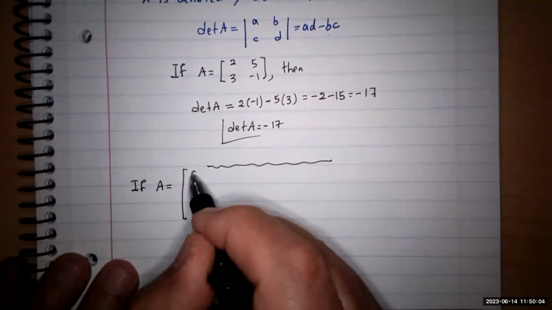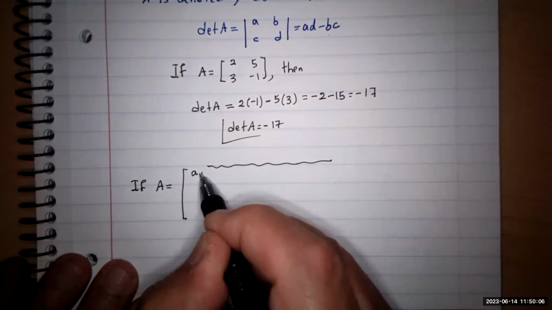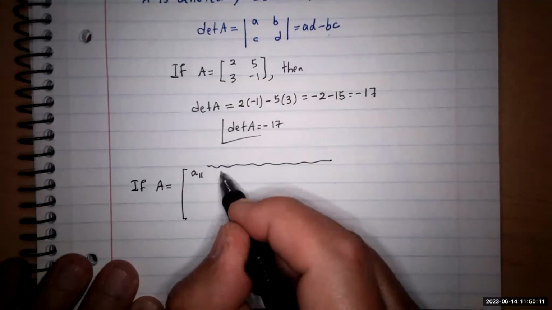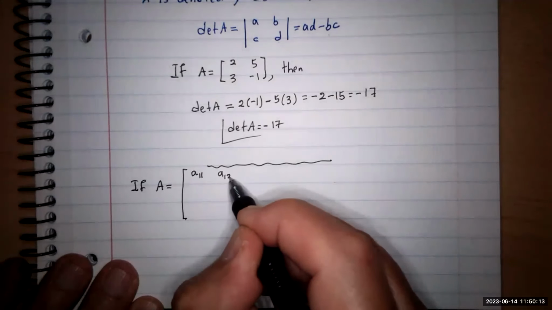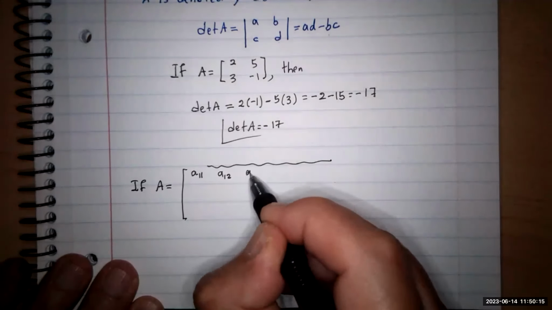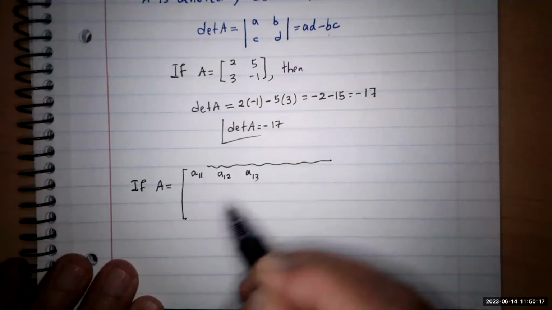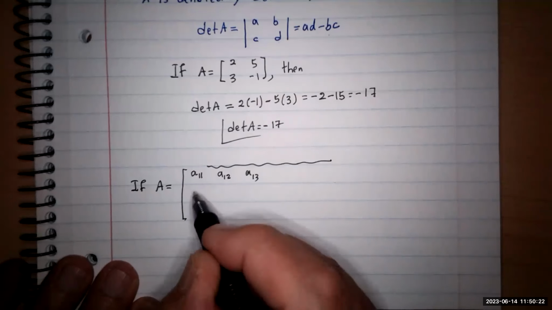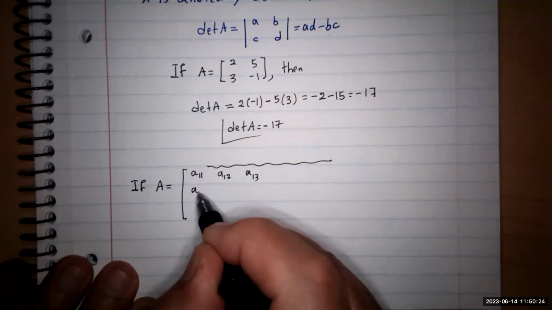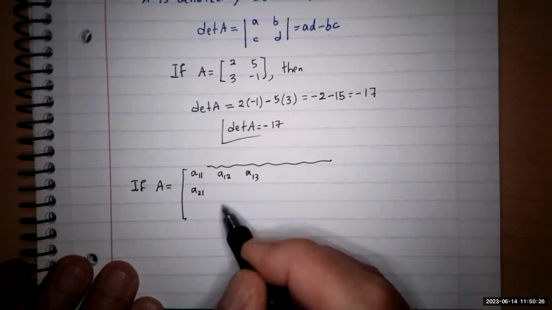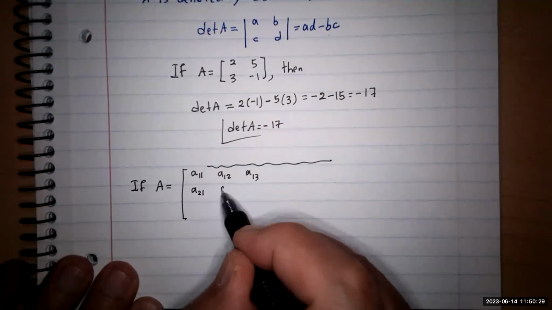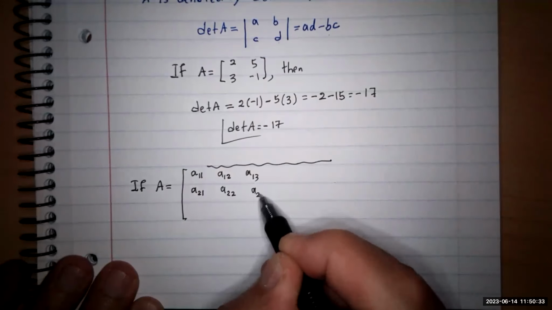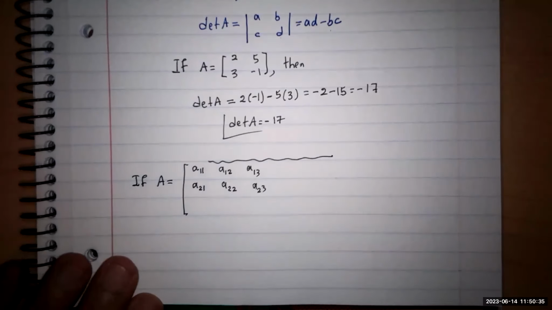So the first term over here, we call it A11, means the first row, first column. Then we have A12, first row, second column. A13, the first row, third column. Then we go with the second row: A21, second row, first column, A22, and A23.